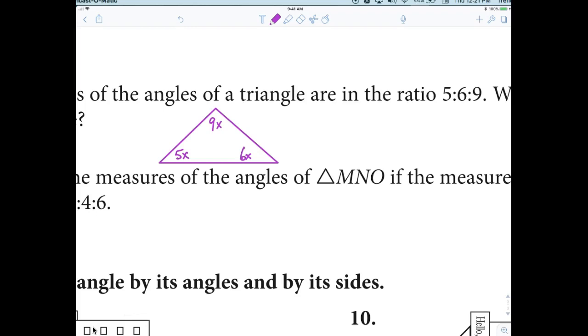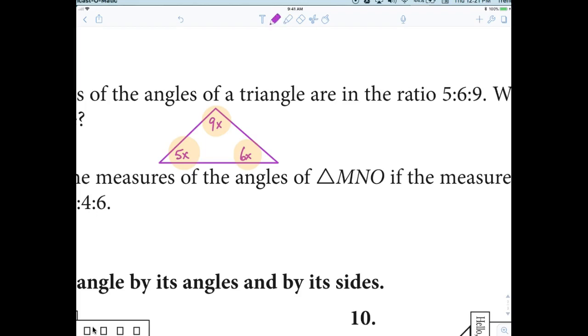You add them up and set them equal to 180, right? So this angle plus this angle plus this angle equals 180, right? Now, if we add the x's, 6x plus 5x plus 9x is 20x.